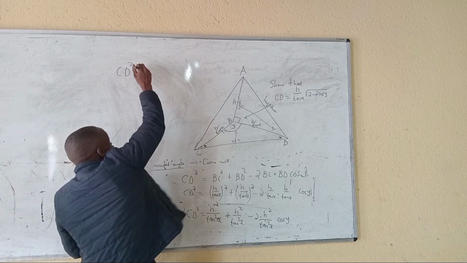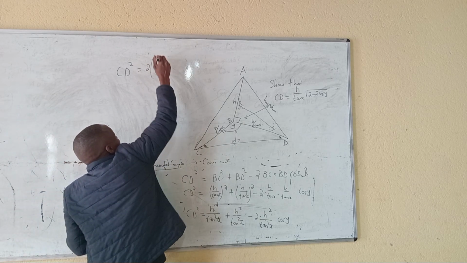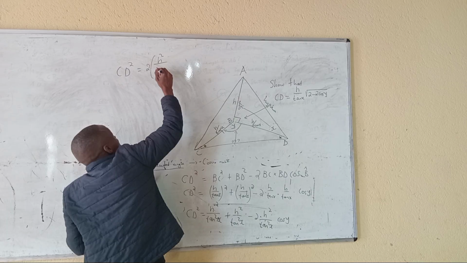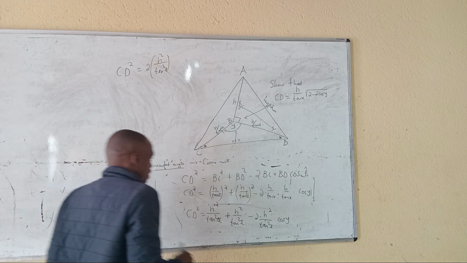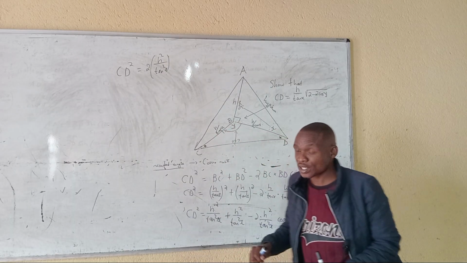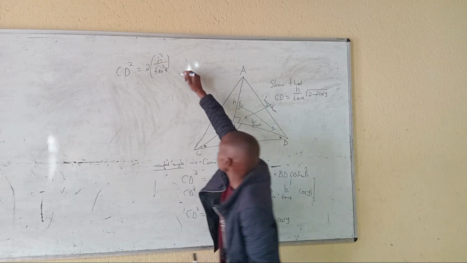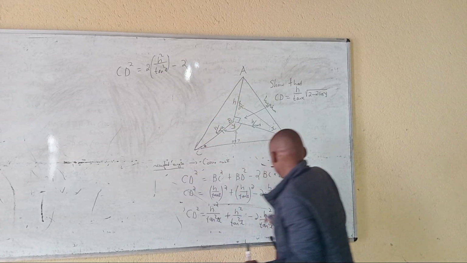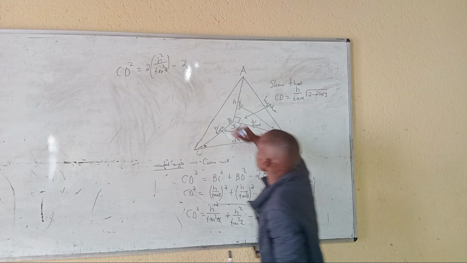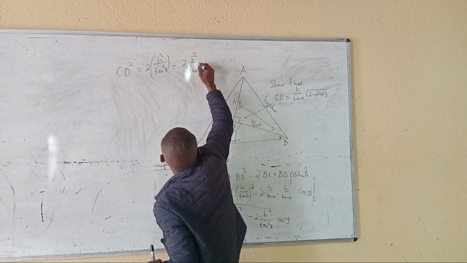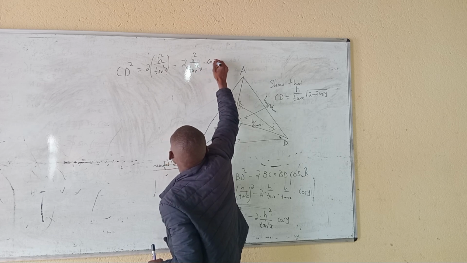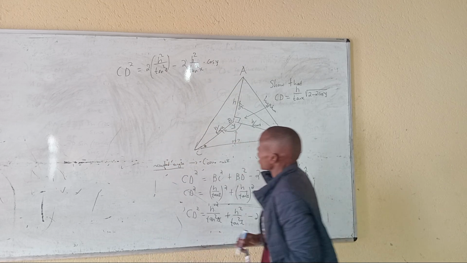It becomes 2 H squared over tan squared x. You add two things, they become 2. Minus 2 H squared over tan squared x multiplied by what? Cos Y.